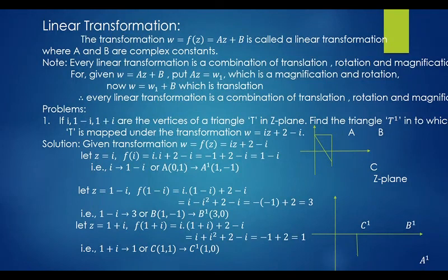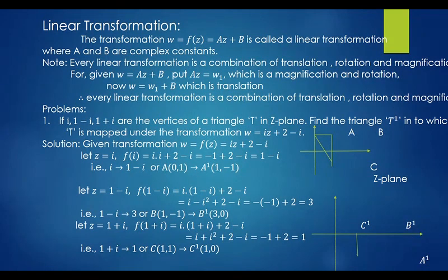After transformation it is noted as B dash, and 3 is the point 3 comma 0.